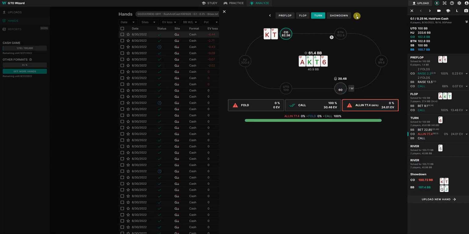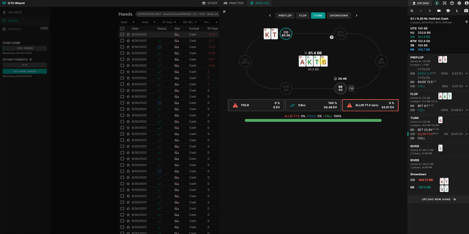Okay, and he bets half pot, and I shoved all in, which according to the solver was a play never to be done. I should have called 100% of the time. What I was thinking was probably not very much.